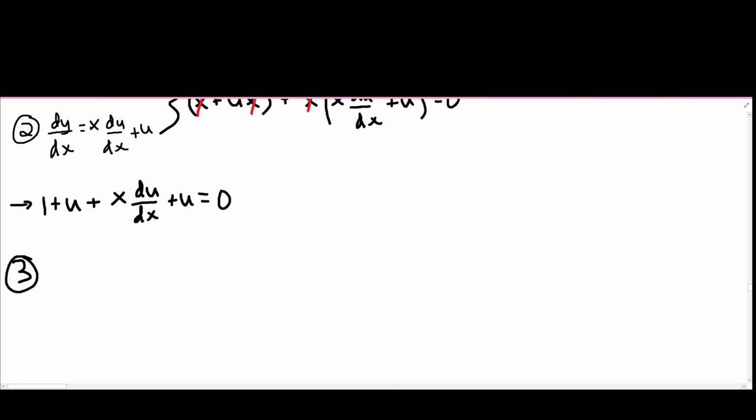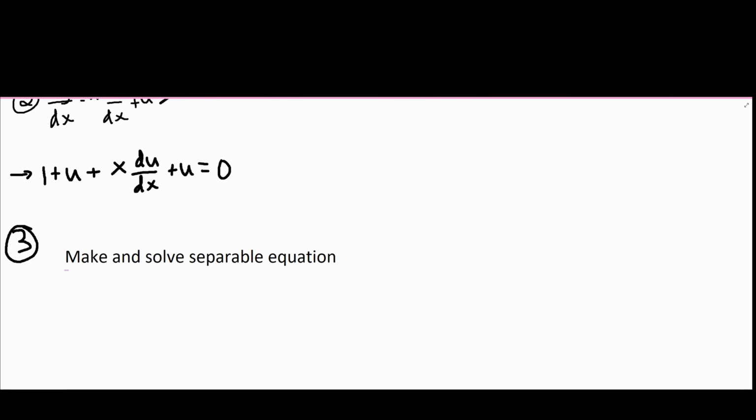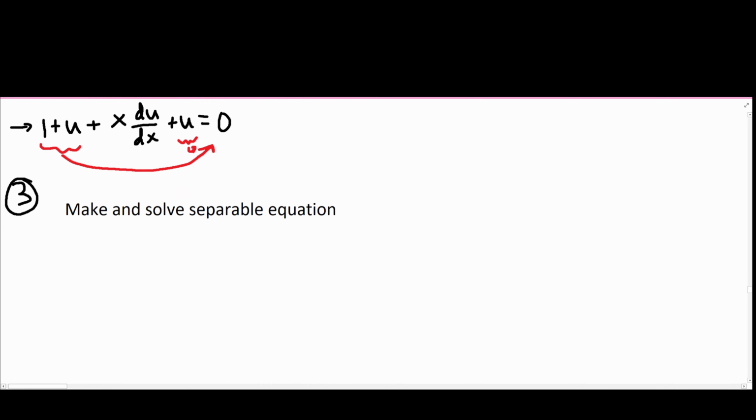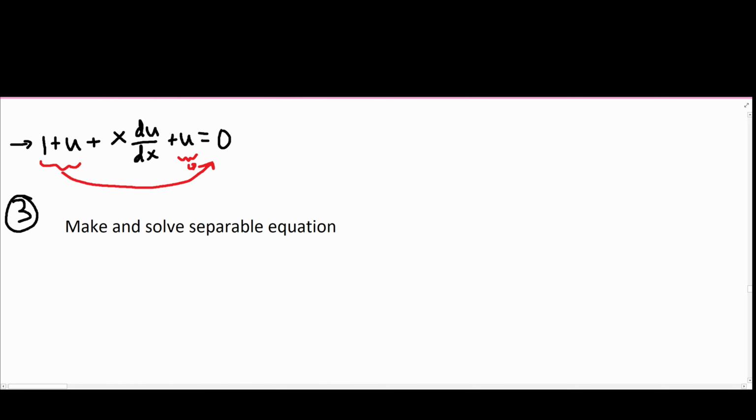Now for step 3, we need to solve the separable equation. So to make this a separable equation, this and this need to go onto this side. So we're going to subtract both sides by 1 and 2u. Doing this, we get x du over dx is equal to -1 plus 2u.